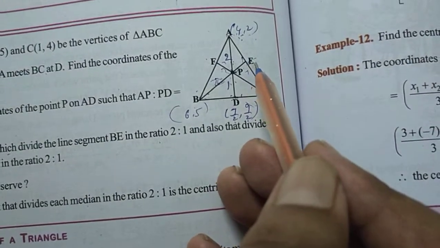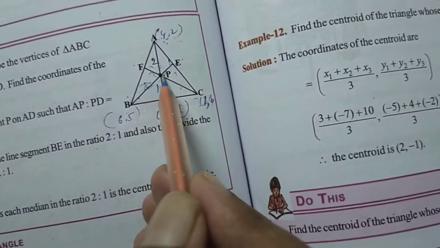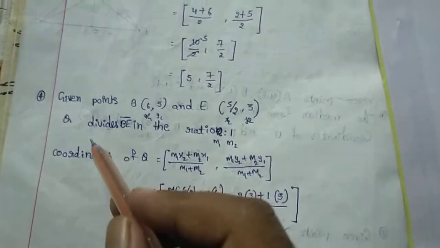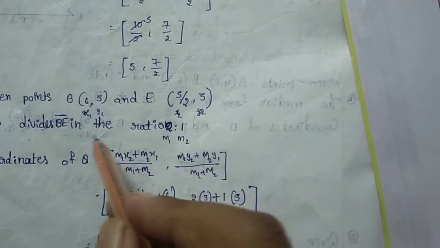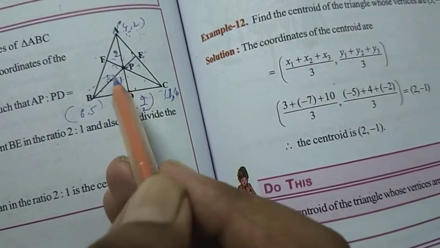E already found, this is E 5 by 2 comma 3. Take another point Q. Q divides BE, this is BE, in the ratio 2:1. Any median in the ratio 2:1.